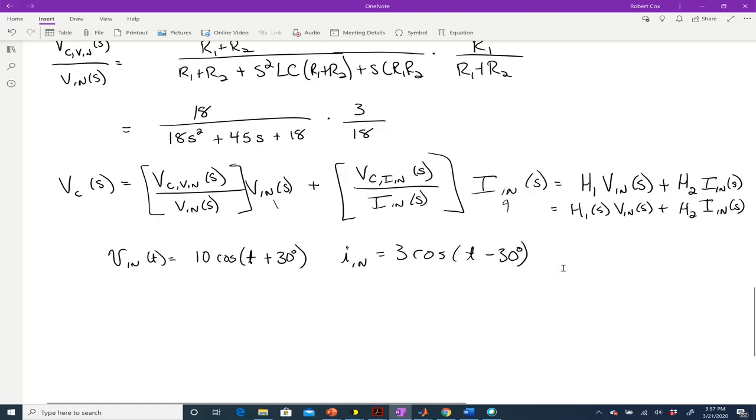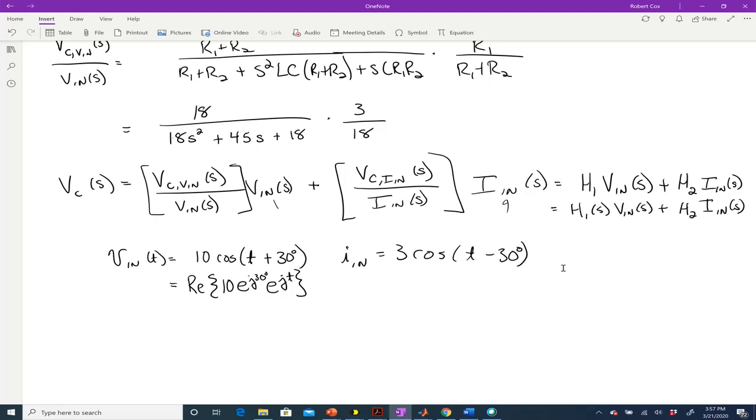What we're going to say is these are really just like complex exponentials. Let's say the first one is the real part of 10 e to the j 30 degrees times e to the j t.